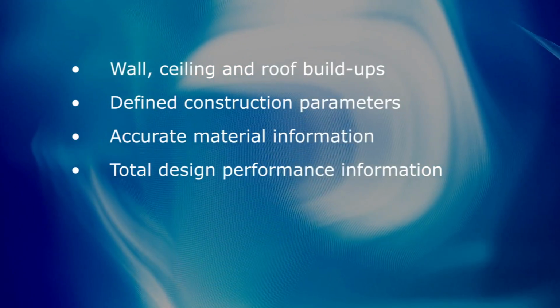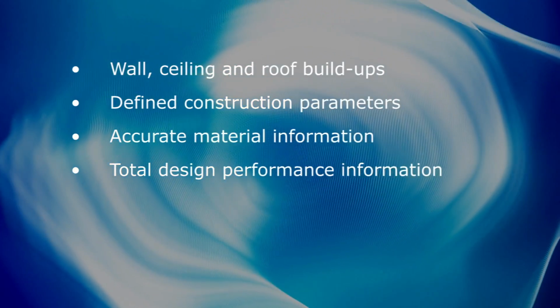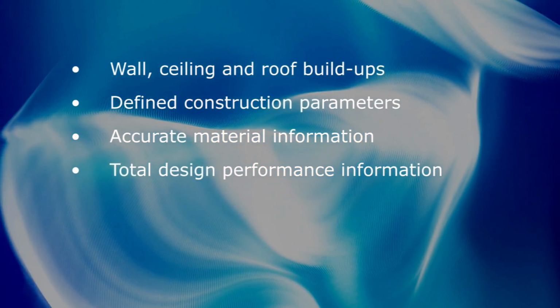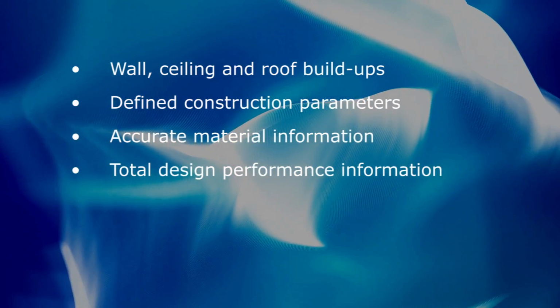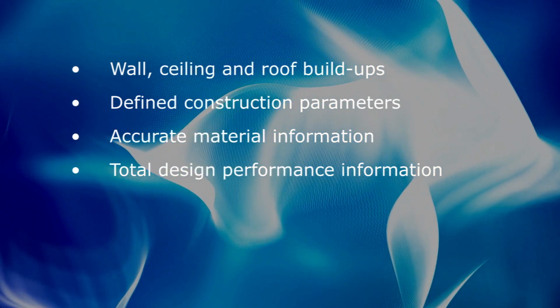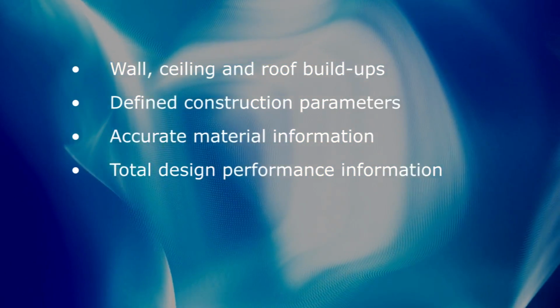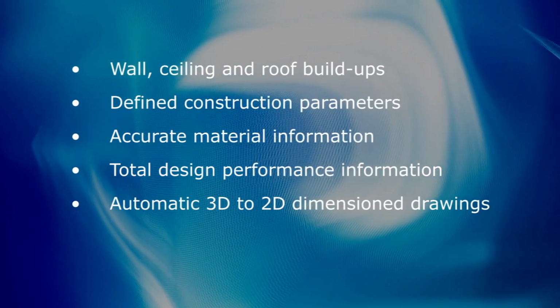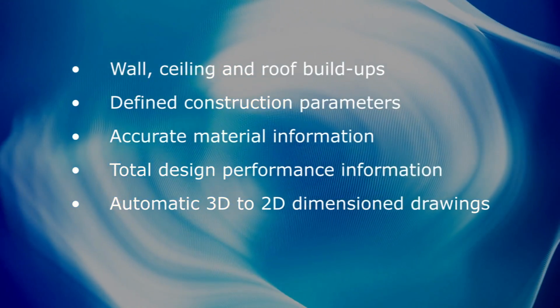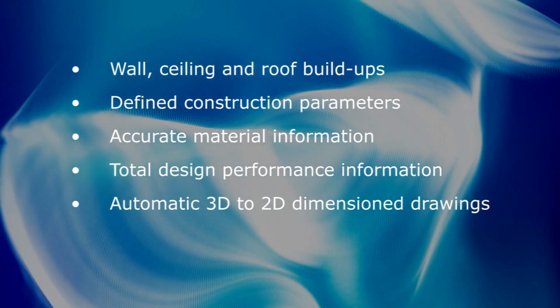Total design performance information, including ISO 6946 traceable U values and automatic 3D volumetric calculations, both needed for GB/XML formats and 3D model performance evaluations. Automatic 3D to 2D dimension drawings for building contractor and vendor communications.